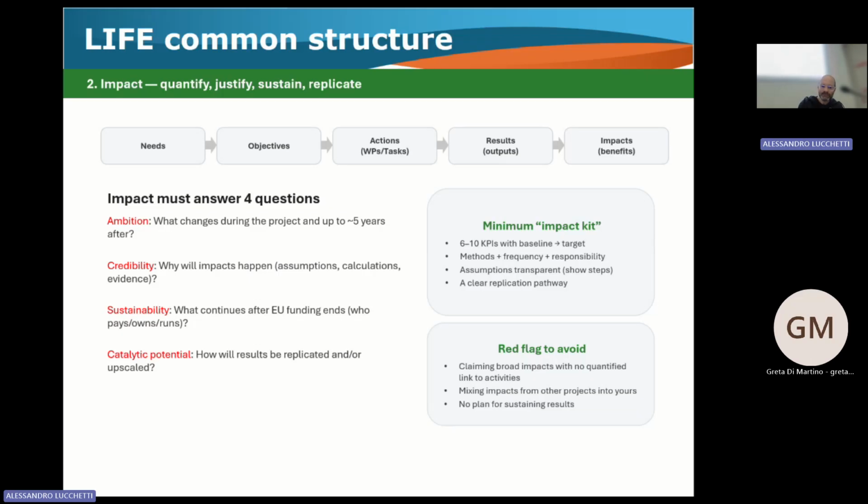The credibility is the impact that you have in the long term. I mean, impact is something different from the results. It is something that you will have from your project in the future. That's why in the LIFE project you also have to provide an afterlife program.